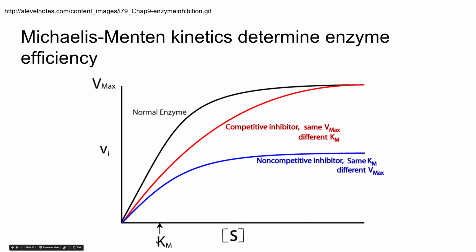That halfway point is called Km, or the Michaelis constant, or the Michaelis-Menten constant. The smaller the Km value is, the more efficient an enzyme is. So the quicker we can go from 0 to 100, the faster it is, or the better it is.